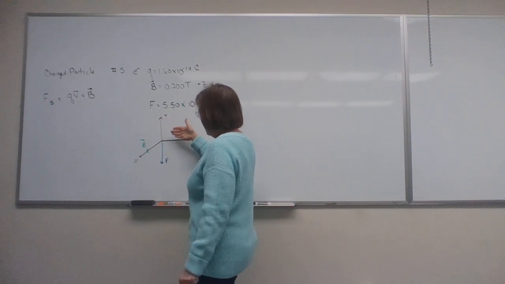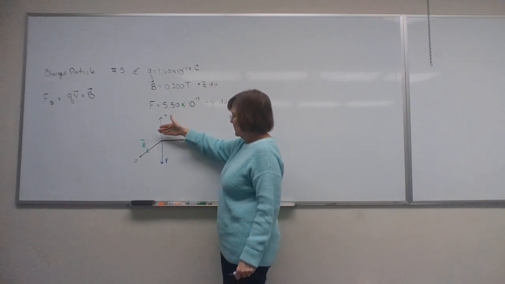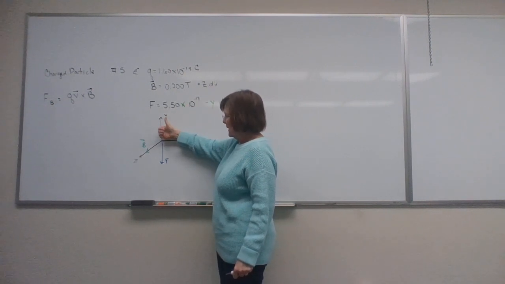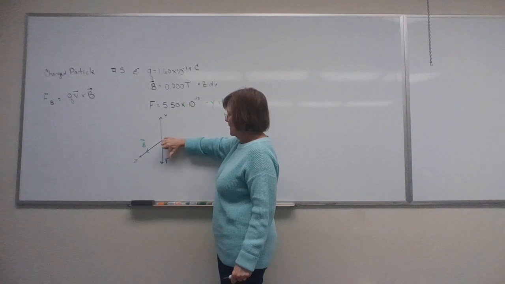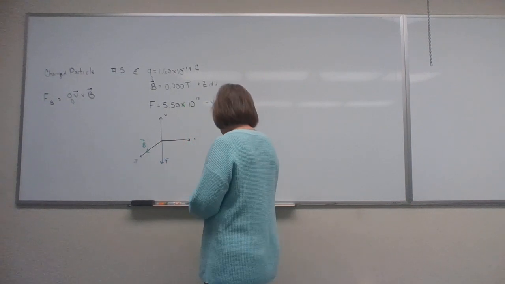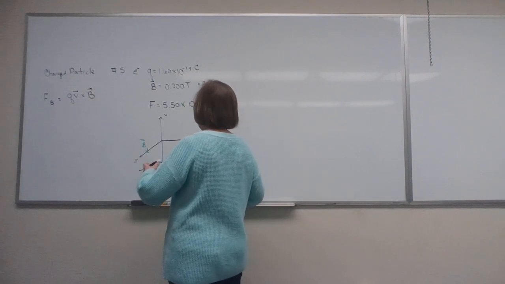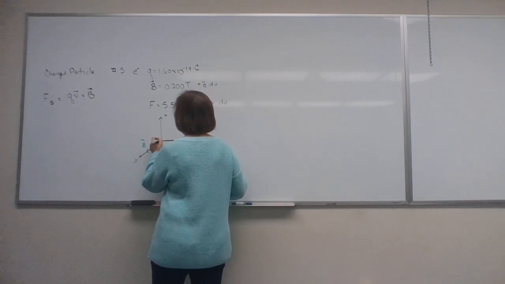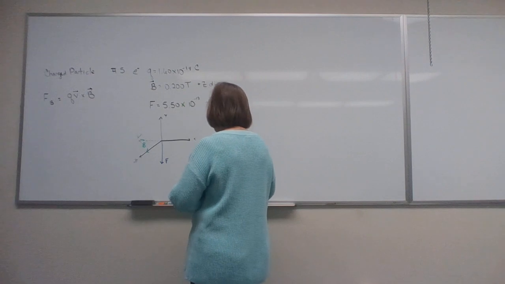If it was moving in the negative x direction and you were positive, when you curled it towards B, the force would be up. In this case, the force is down. So that's because it's a negative charge. So my gut feeling says that V must be in the negative x direction. All right, I think I have a direction.